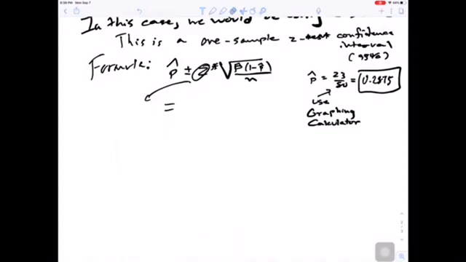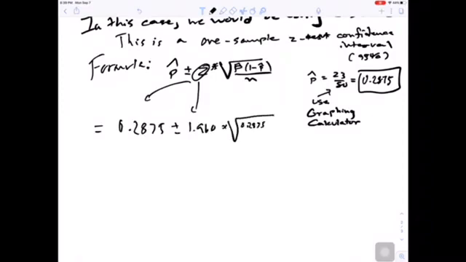So we know p hat is 0.2875. So we can go ahead and put that in there. Plus or minus the z-score, which is 1.960, times the square root of 0.2875 times 1 minus 0.2875 over n, which is 80, because that's the total number of people in the sample population.